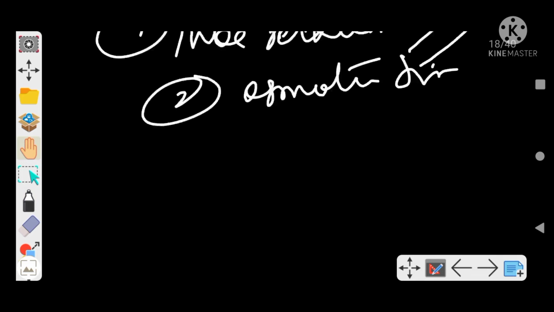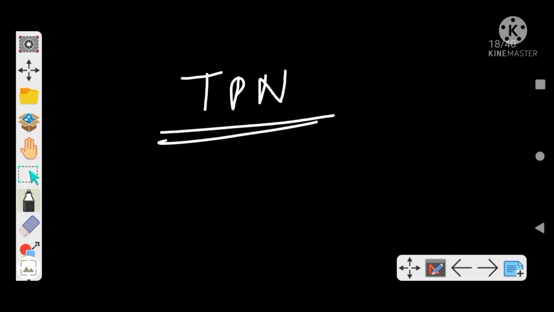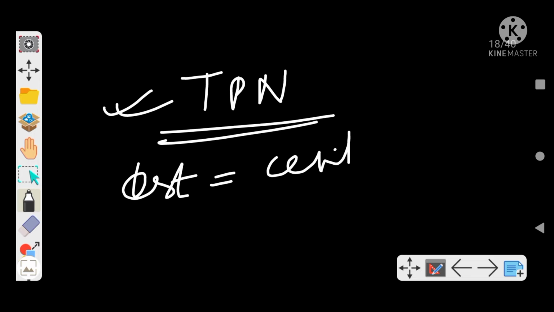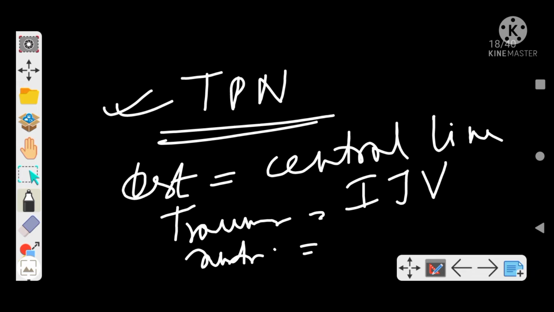Now we will discuss some points about total parenteral nutrition for the sake of completion. We already discussed that total parenteral nutrition is mainly via veins or via central lines. The best is your central line, correct? For trauma, the best line is via your internal jugular vein, whereas for nutrition purposes, the best line is via your subclavian vein.